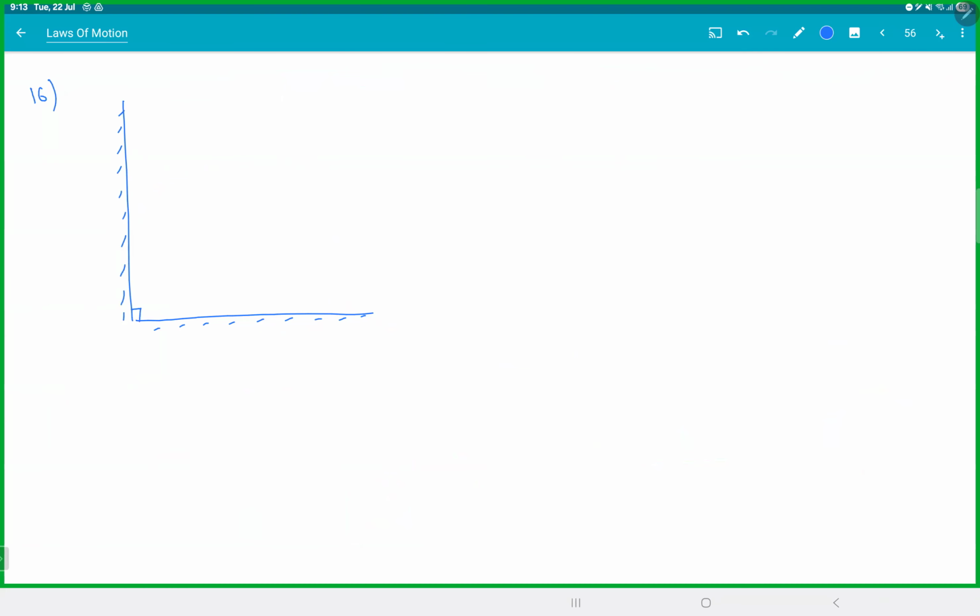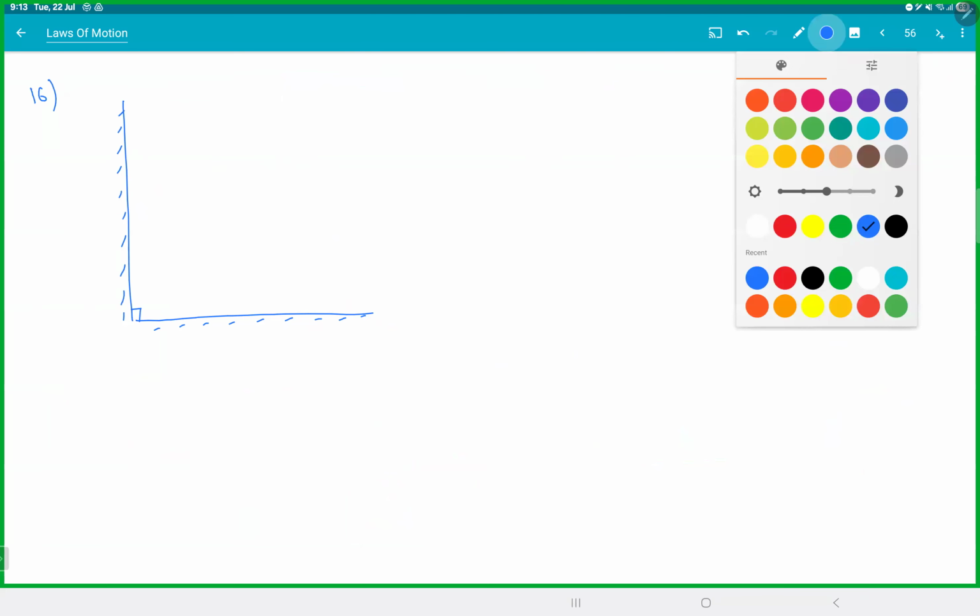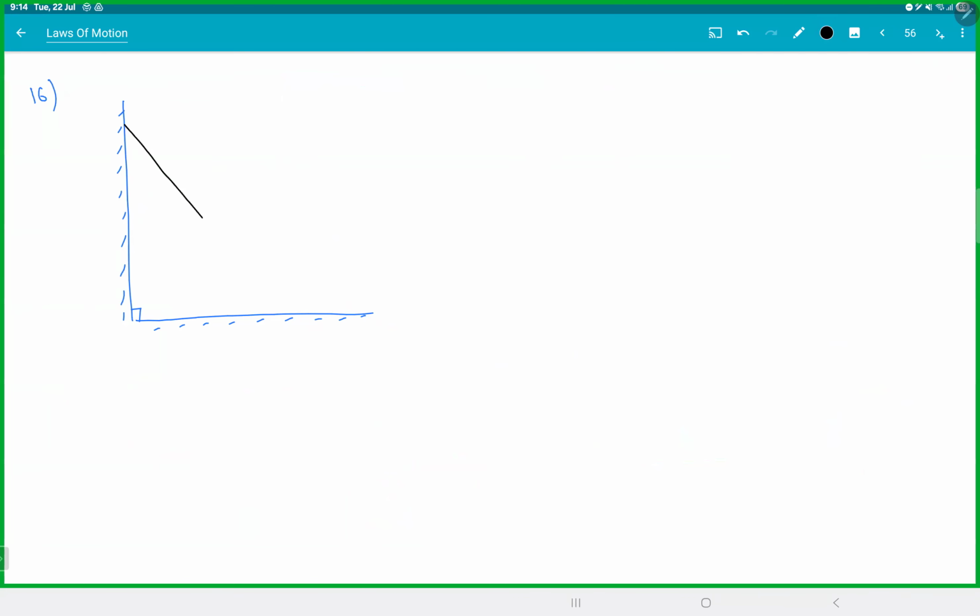So we have a wall here, a right angle triangle. We have a rigid rod of length L. We have a point A, a point B, and C is the center.